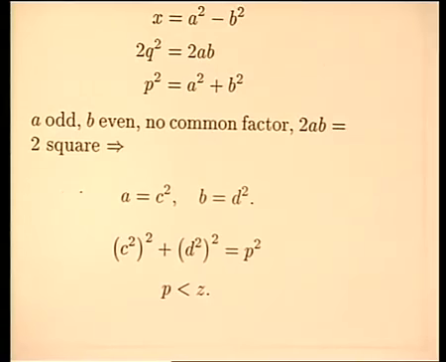So the assumption that there is an equation with right-hand side z non-zero and as small as possible is untenable, and so there can be no solutions to the original equation x to the 4th plus y to the 4th equals z squared with z non-zero. And this is sufficient to prove the case n equals 4 of Fermat's last theorem.